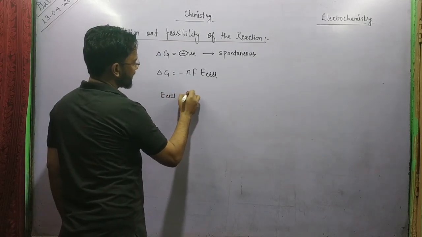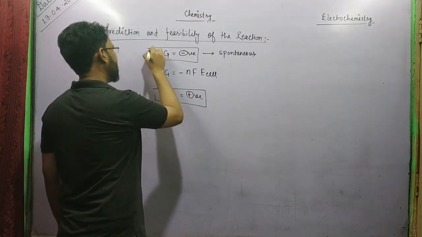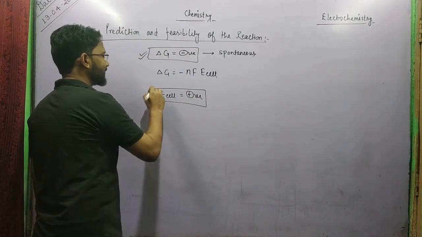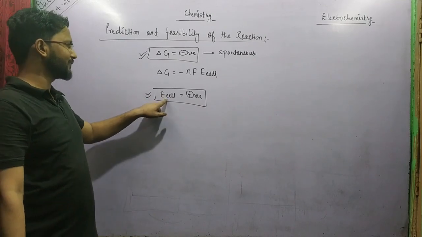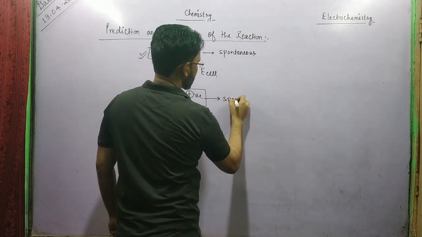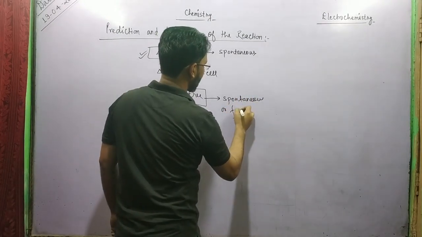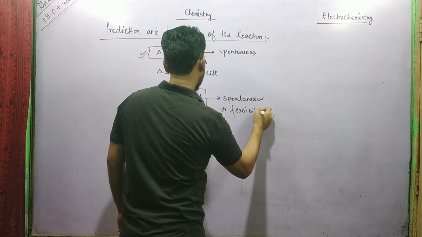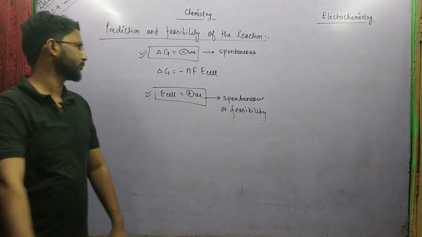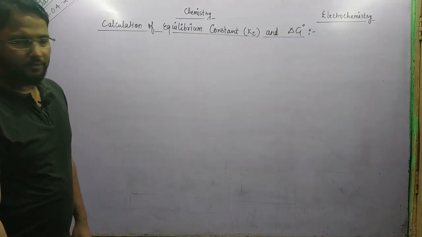Overall, there are two conditions for feasibility: delta G becomes negative and E cell becomes positive. So when E cell is positive and delta G is negative, the reaction is spontaneous or feasible.